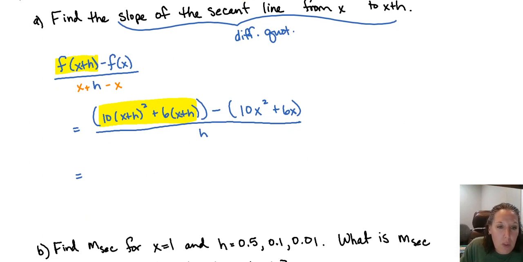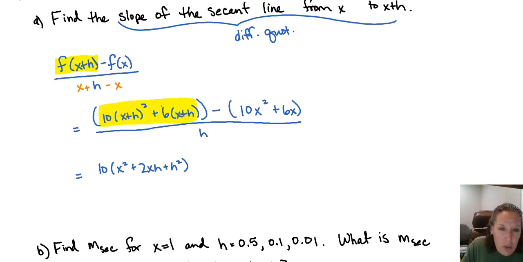Right, if we multiply and expand all of that, x plus h, quantity squared, remember that we can write those next to each other and FOIL it out, or we can use the formula, but we'll get x squared plus 2xh plus h squared is what we get when we square that.